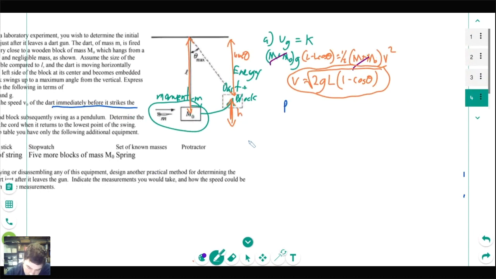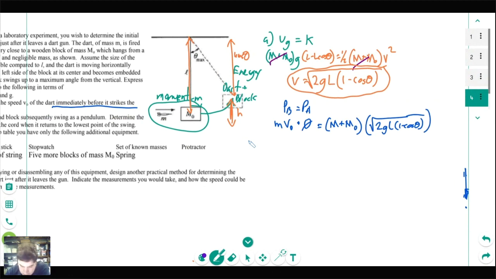So I can say P before equals P after. I've got the mass of the dart, which is little m, times, let's call it v naught, a good term to use for the original velocity, plus 0. The block isn't moving, so I don't need to worry about it. That's equal to m plus m naught, so the block and the dart's mass added together, times the square root of 2gL(1 minus cos theta).